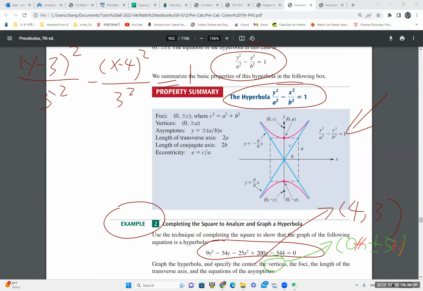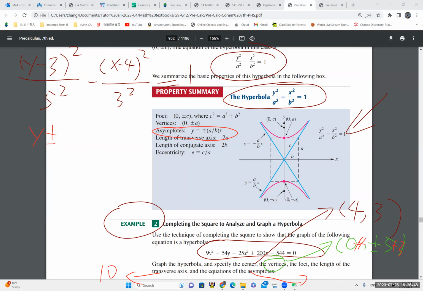Suppose we do the same translation. The length of the transverse axis is 2a, so it means 10. The equation of the asymptote: but we need to move it again. Before the translation, it should be y equals positive or negative a over b x.